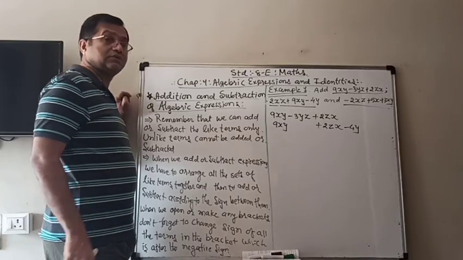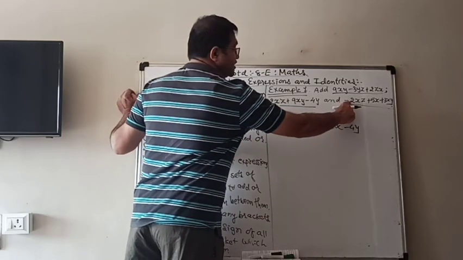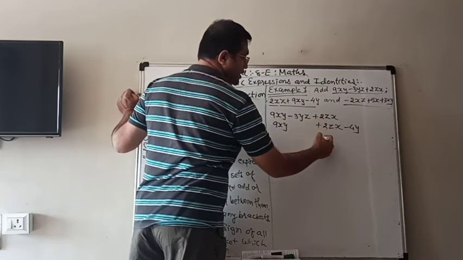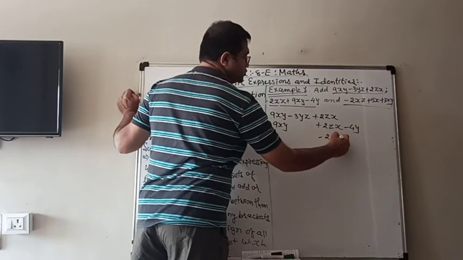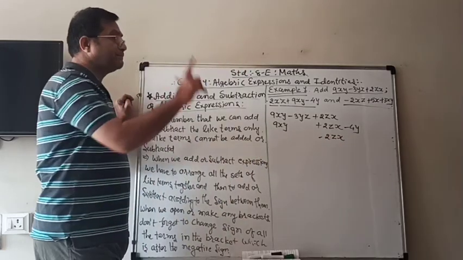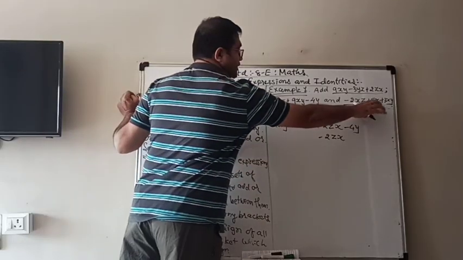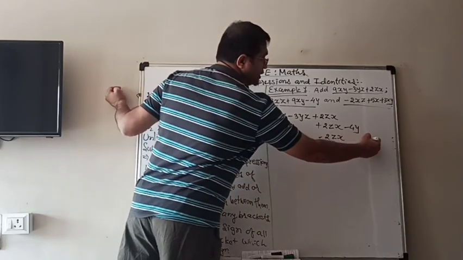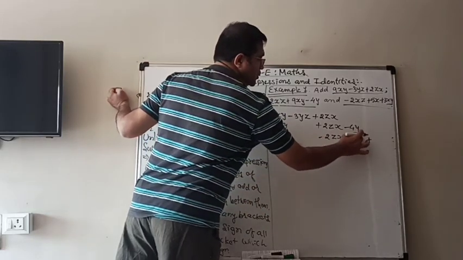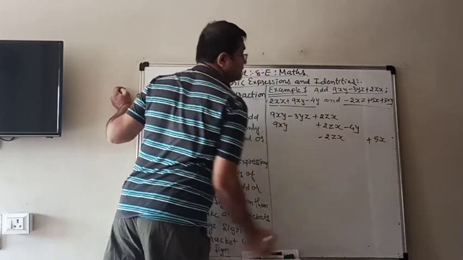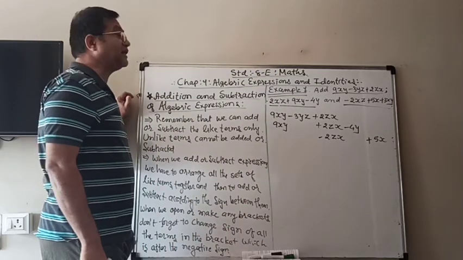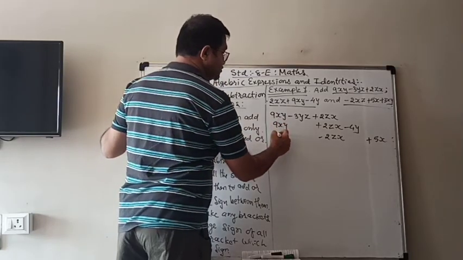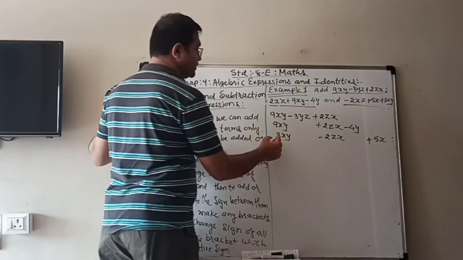Now the third expression has minus 2xz. xz and zx are same, so we will write down under this minus 2zx, plus 5x. We don't have any term containing only x, so we will write down plus 5x. And the last term is plus 3xy, so we will write down here 3xy.